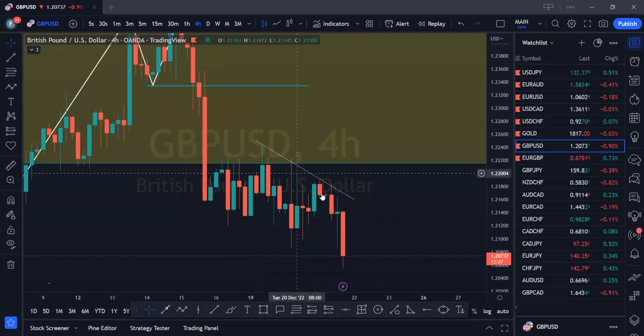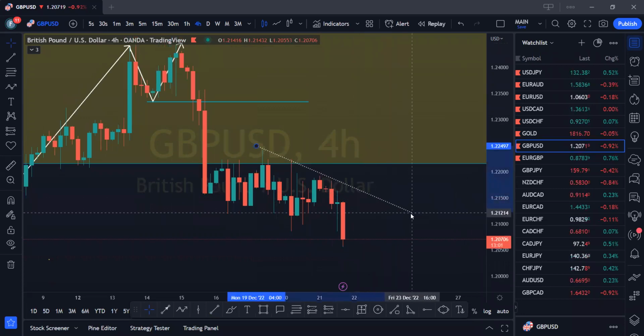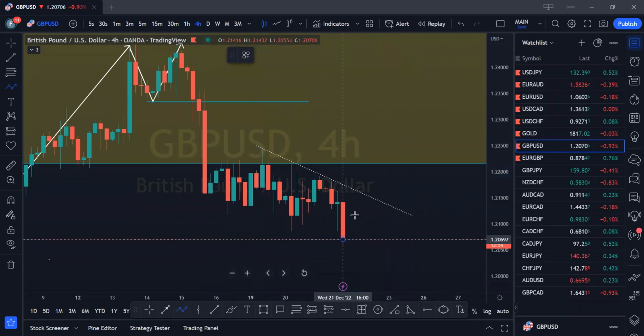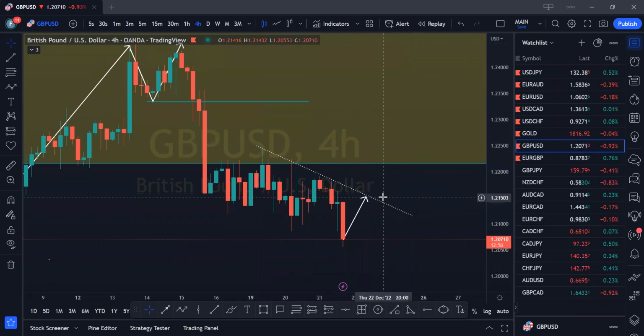So there's every chance that people that trade trend lines, as soon as price retraces into this zone, are looking to sell. So this is a trap. This will be a trap for a lot of people.